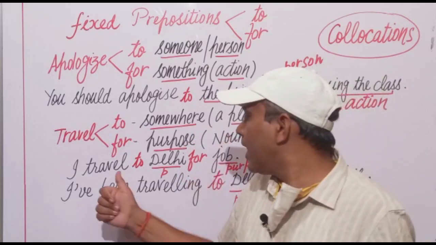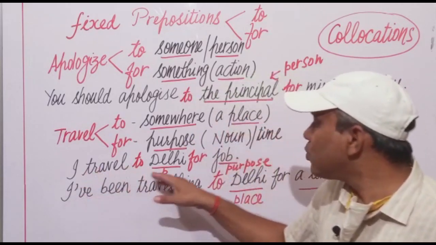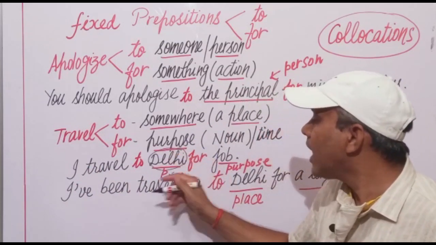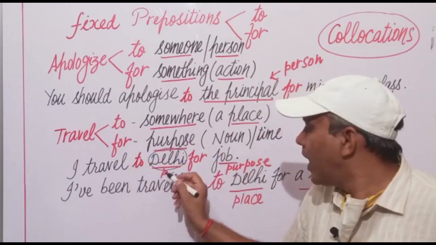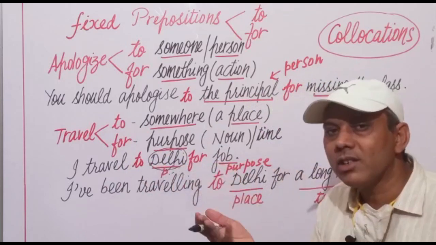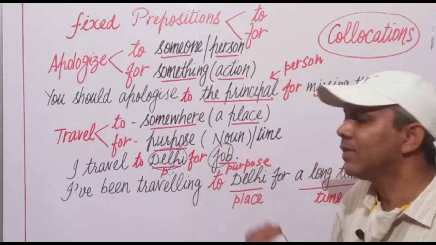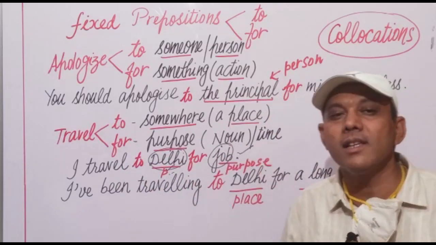Let us take an example. I travel to Delhi. What is Delhi here? Delhi is a place. Means I travel to somewhere. I travel to Delhi for what? For a reason, for a purpose. And what is the purpose? For job. Job is a purpose in this sentence.